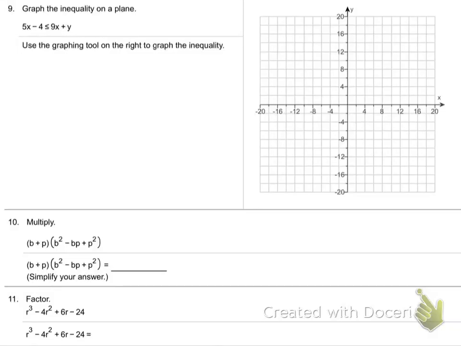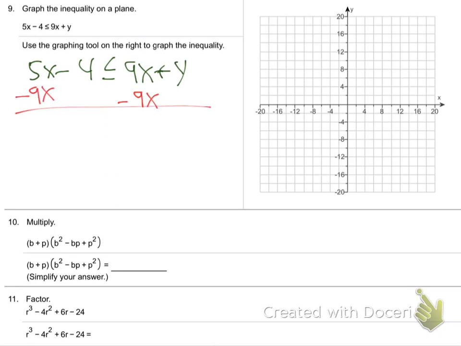Number 9, can you graph that? Here. So 5x minus 4. Okay, so to get y alone, subtract 9x from both sides. Like that. It's totally okay just to leave y on the right side.